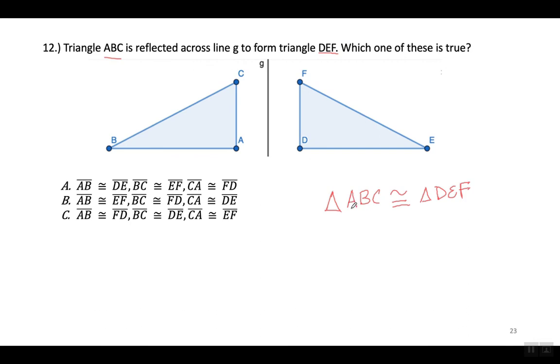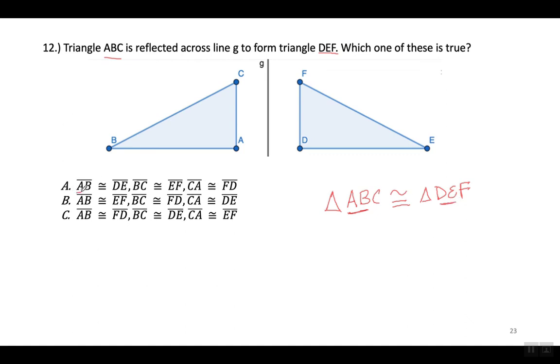Okay, so that means that, for example, let's look at the first answer, which I believe is the correct one. Let me make sure. Yeah. No, actually it has a mistake. No, it is the correct one. Okay, so look, if I put the first two letters together, side AB corresponds to side DE.